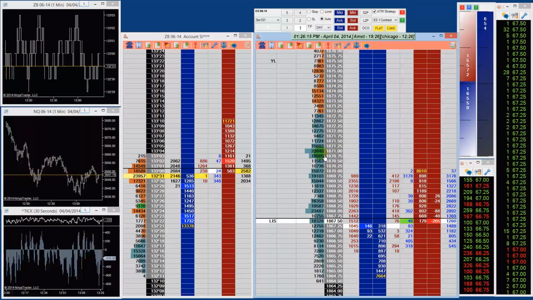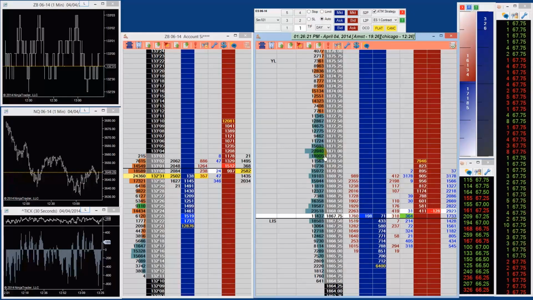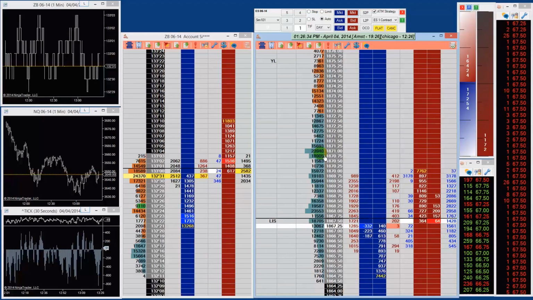Now, correlated markets and inversely correlated markets. All of the markets have got correlated markets and inversely correlated markets. So, for instance, we all know the mini S&P 500 is a futures market based on the S&P 500 index, which is 500 stocks.